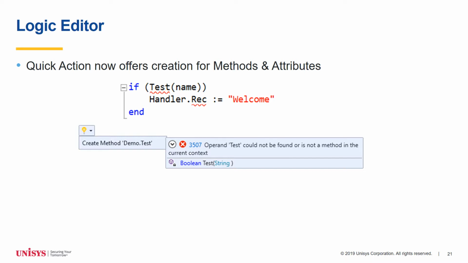The logic editor can now detect the use of methods and attributes that aren't defined in the model, and through the quick action will allow you to create them. This example here shows the test method can be created with a return type of Boolean, and having analyzed the name attribute has decided to create a string as the first parameter.